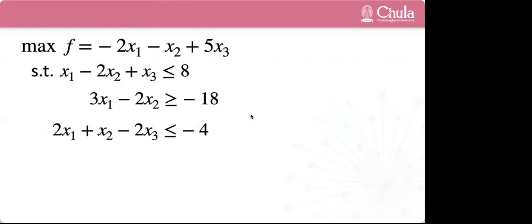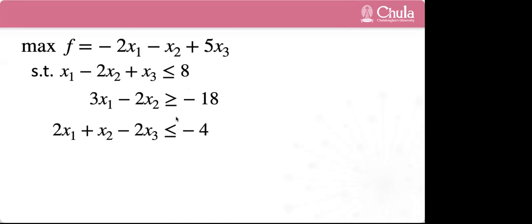For example, in this case, you see that the simplex method we learned cannot deal with it because of what? Because of this constraint? No, this constraint is okay. We can deal with it. Because we have to transform this one to positive first, right? The right-hand side. Once we transform this one to positive 18, this sign changes to lesser or equal.